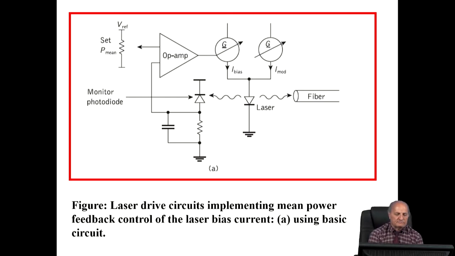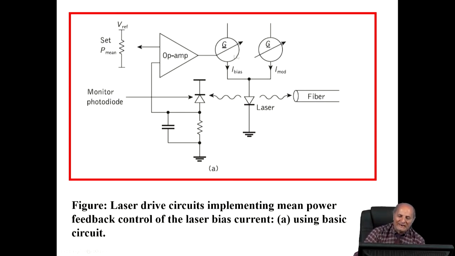This system shows how we control the mean power of the laser using feedback. Look, the laser is driven by two currents. One is the bias, time independent, and the other carries the copy of the modulating signal. It is time dependent.